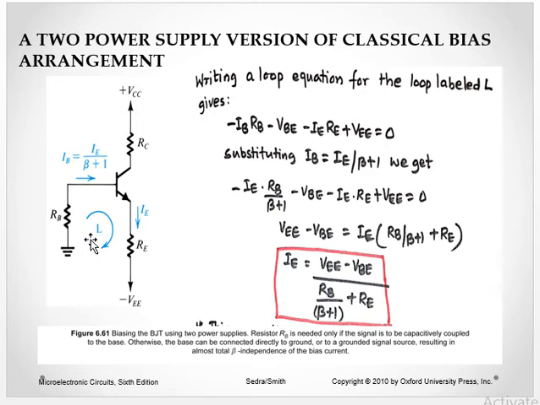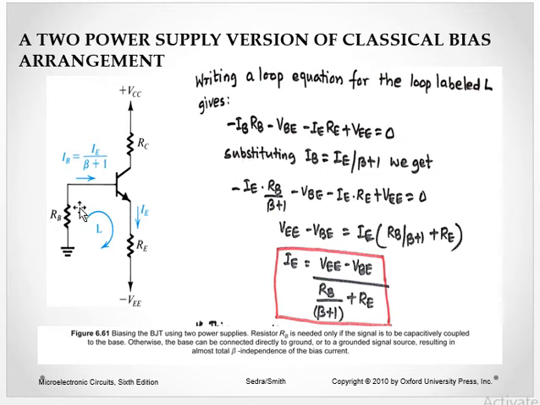This is a loop L. By writing a loop equation for the loop labeled L, the current flowing here is IB, so this drop can be written as minus IB RB, between this base and emitter minus VBE, minus the drop IE RE, and plus VEE.